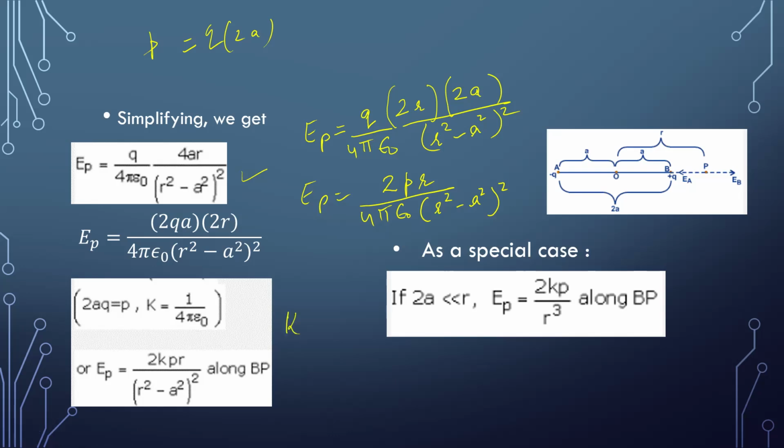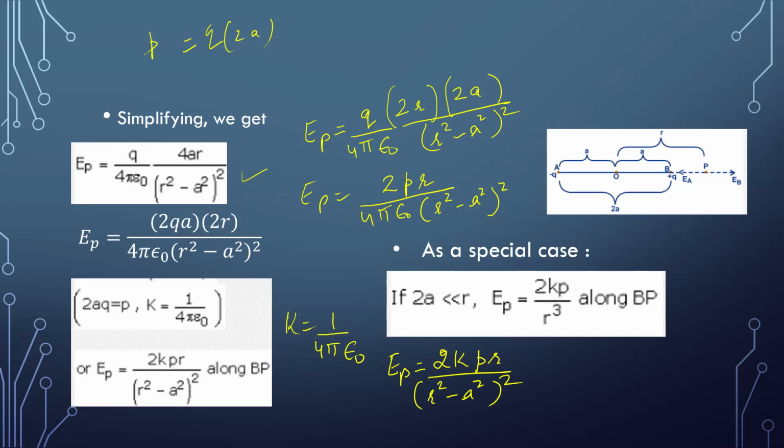Now, here they have written it down as 2kPR. We can even write it like this because k is the electrostatic force constant, which is 1 upon 4 pi epsilon naught. So, EP can also be written as 2kPR upon (R square minus A square) the whole square.